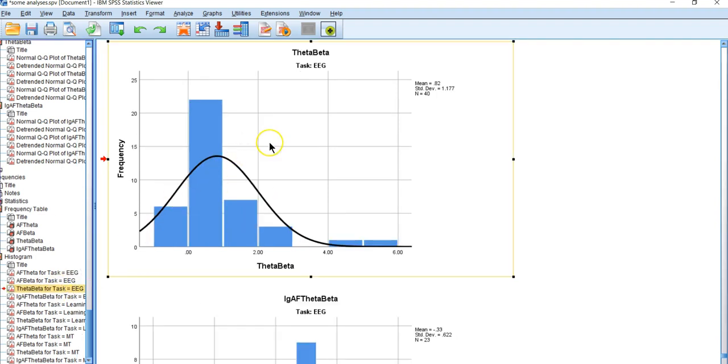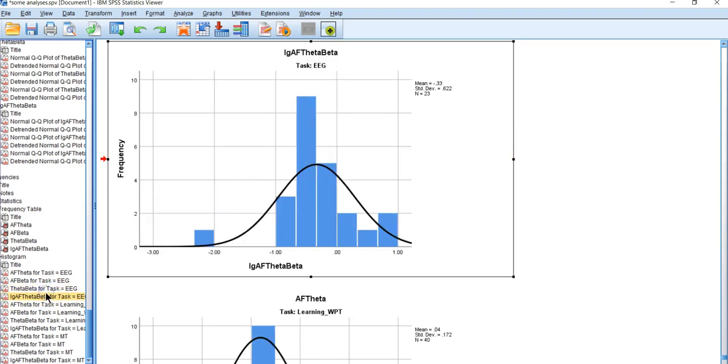If we look at the ratio of theta beta, the ratio of 2 normal distributions is usually not normal. And you can see here it's skewed. So when you have a ratio, you don't treat it as a normal distribution. What you can do, though, is take the log of it again.